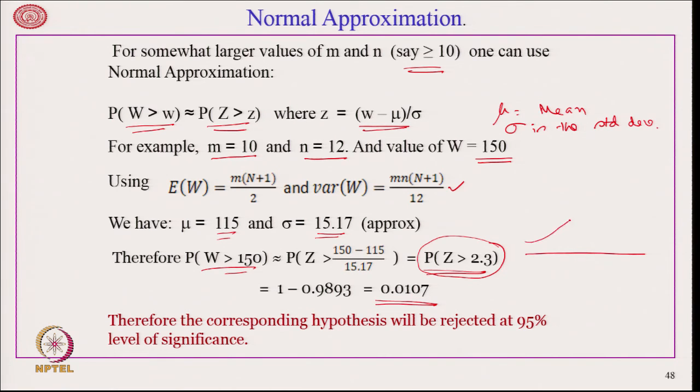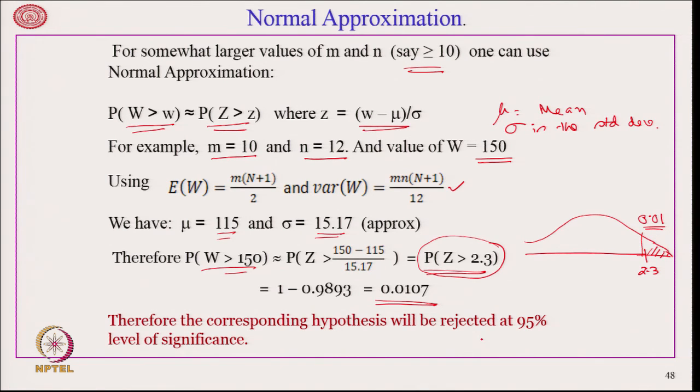Therefore, if this is the normal distribution and this is 2.3, then this area is only 0.01. That means that the probability a standard normal variable will take a value greater than 2.3, that probability is only 1%.